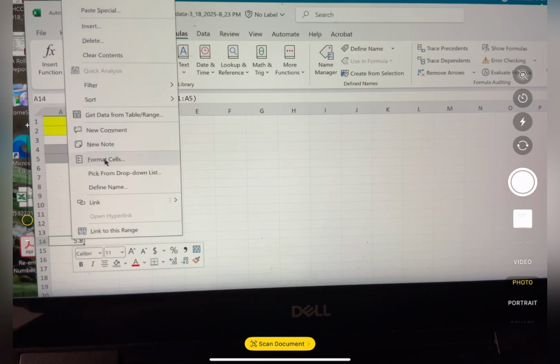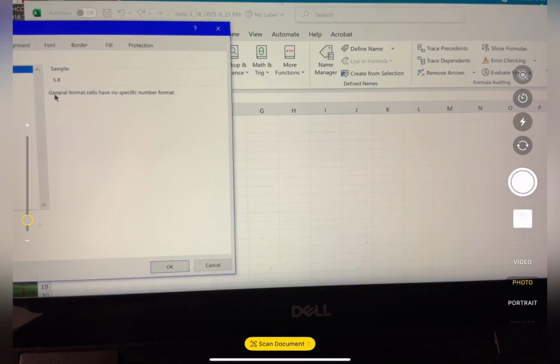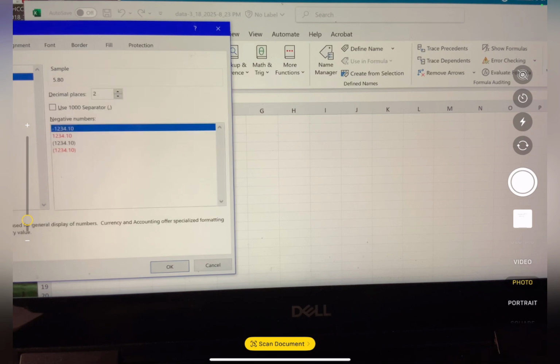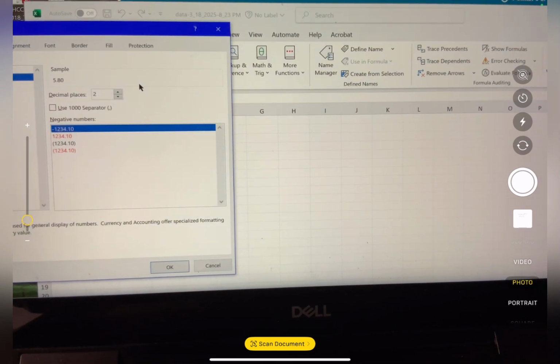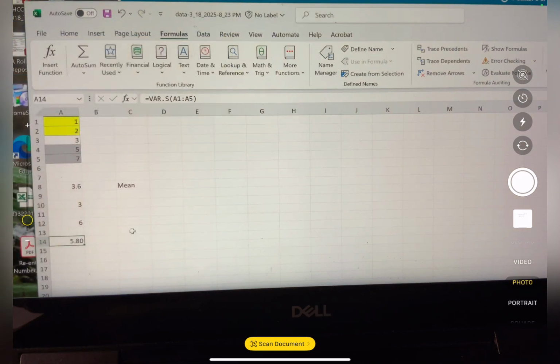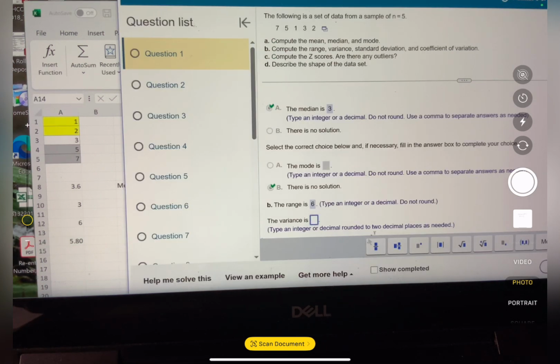Format cell. Not specified, so I'll take number and put decimal. All right. So 5.80. All right. So let's place it here.